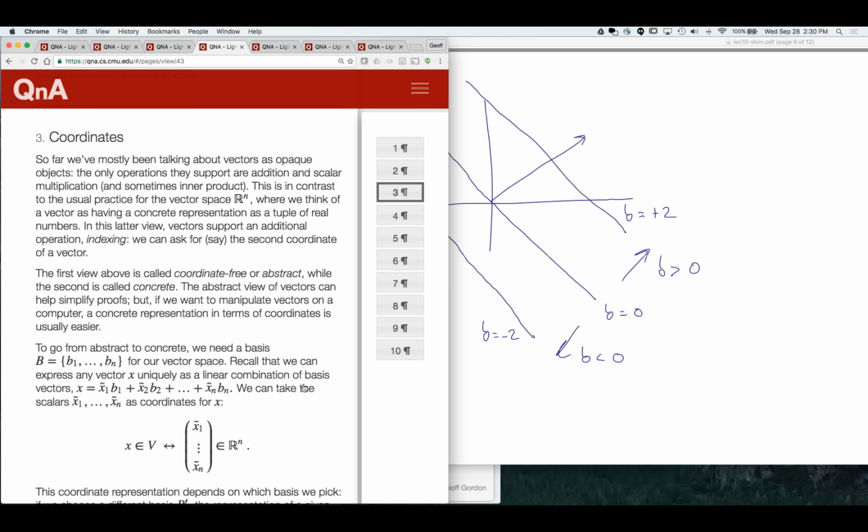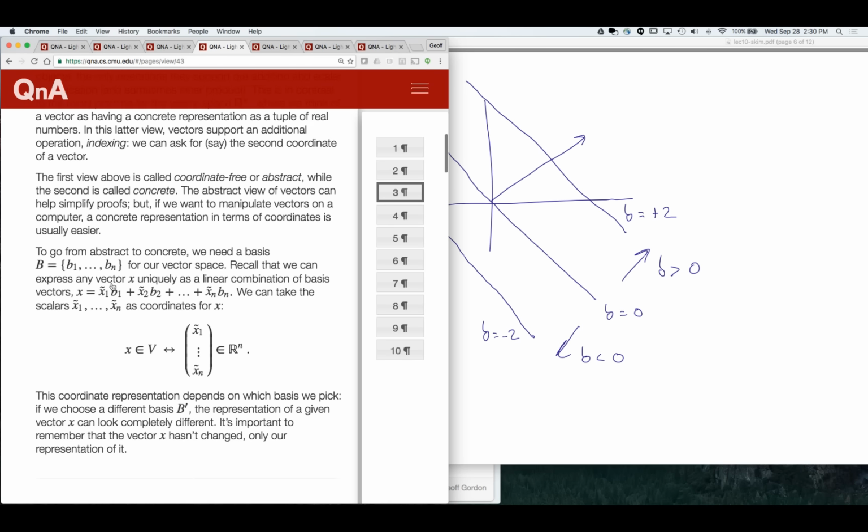And so to do that, what we need is a basis for our vector space. Part of what it means to be a basis is that any vector X in our vector space, we can express it uniquely as a linear combination of basis vectors. And so those weights in that linear combination, we can take those as coordinates for our vector, right?